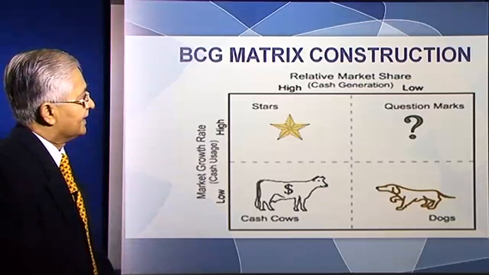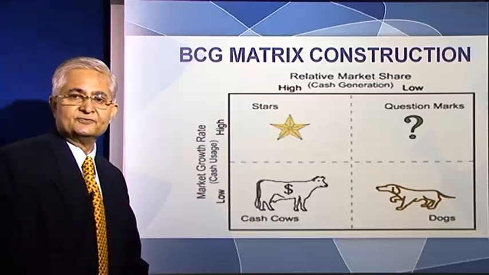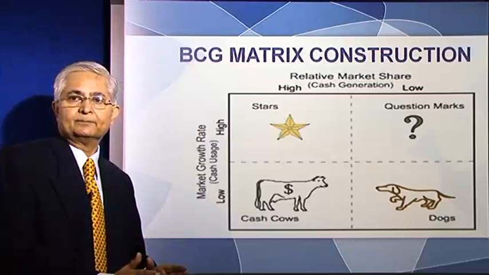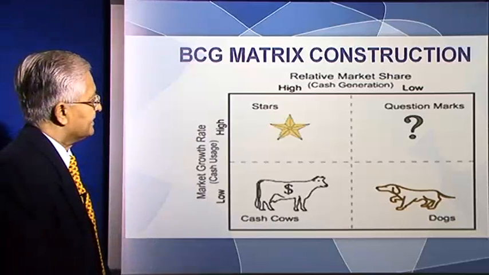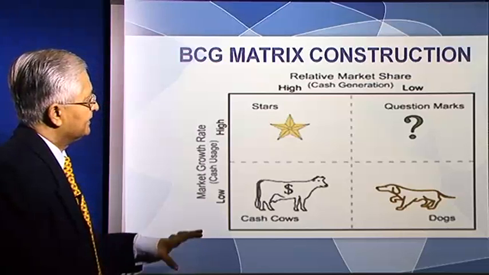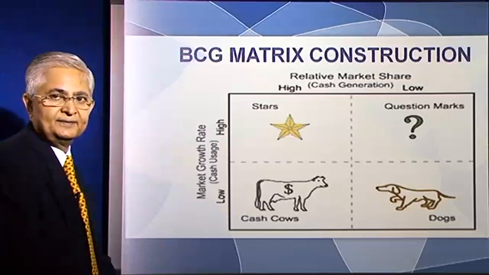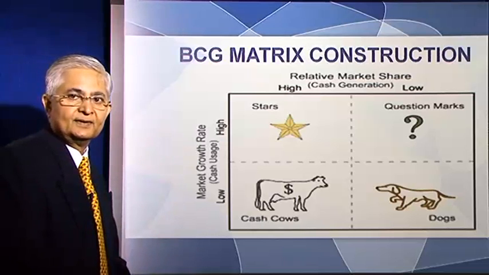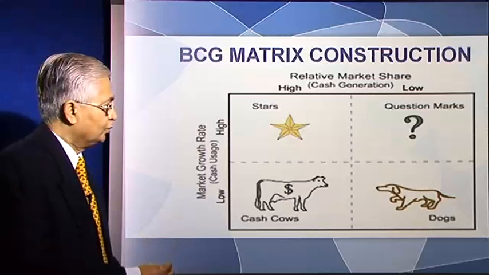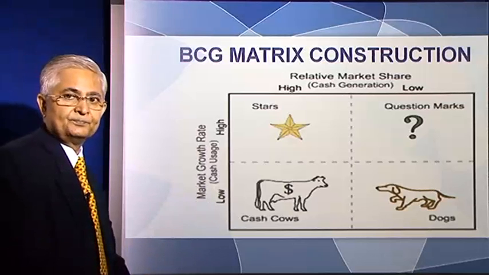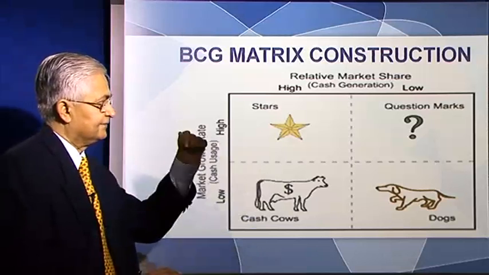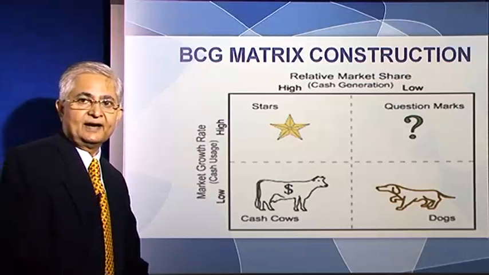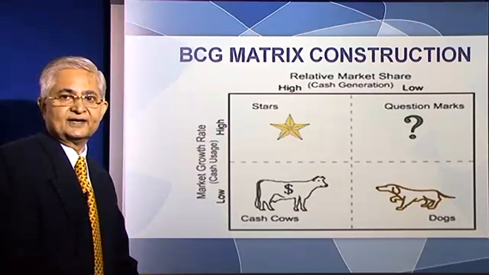Now, from the internal analysis point of view, we must ensure that a successful company has a number of products in the question mark area, a number of products in the star area, a product or two in the cash cow area, and a few products in the dogs area. This is another aspect of internal analysis.